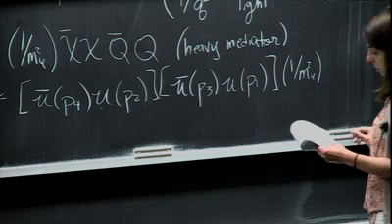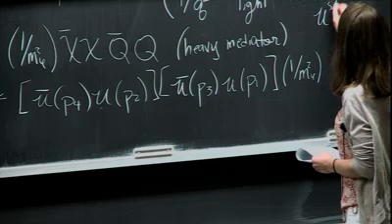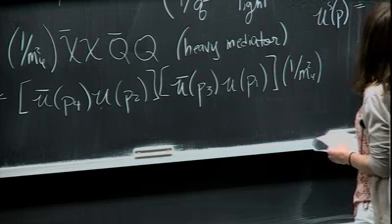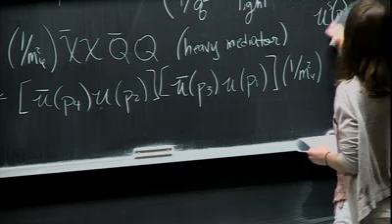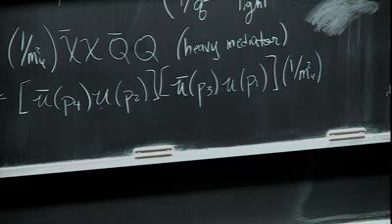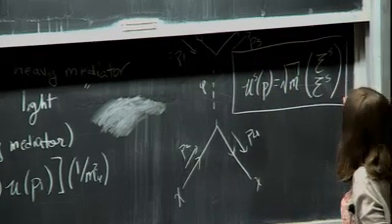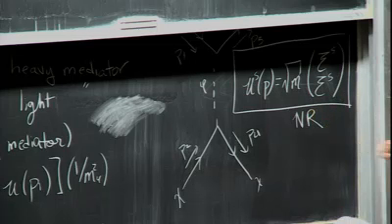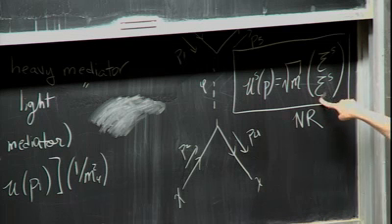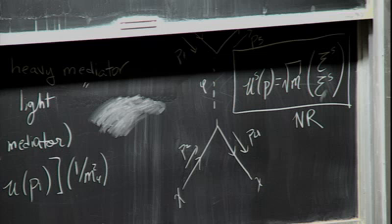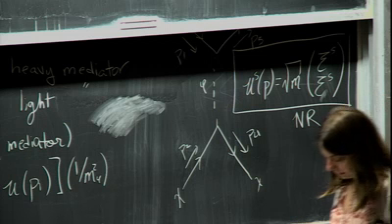Okay? So in the non-relativistic limit, I can write down the spinor as follows, where the C's are just the two-component spinors.